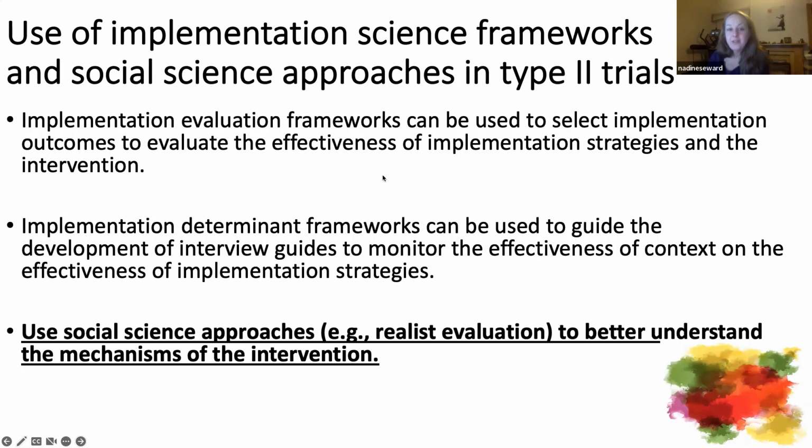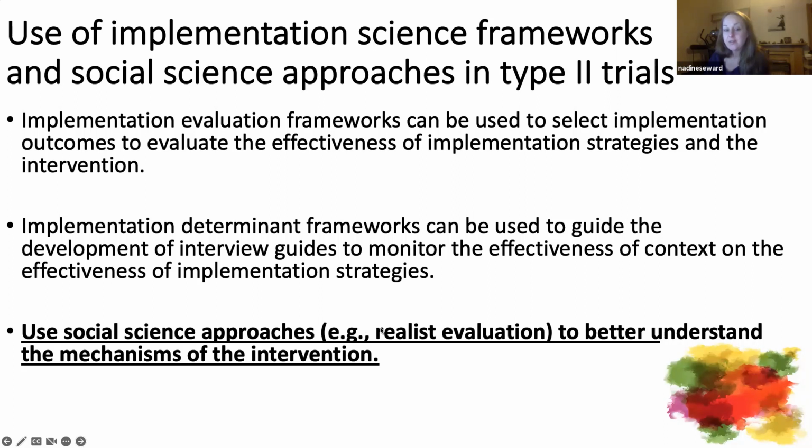So again, if we use implementation science frameworks, I would use them in a similar way I did before, except I would do a more robust evaluation of mechanisms. And this can be done in different ways. So you can operationalize the determinant frameworks in a way that captures complexity and mechanisms.